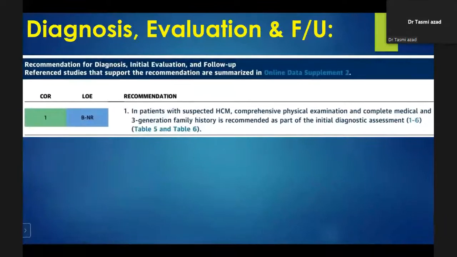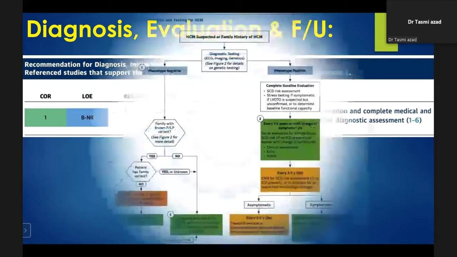In diagnosis, evaluation, and follow-up, the American Heart Association guideline recommends, as a class 1 indication, a comprehensive physical examination, and the most important thing is a 3-generation family history as part of the initial diagnostic assessment.